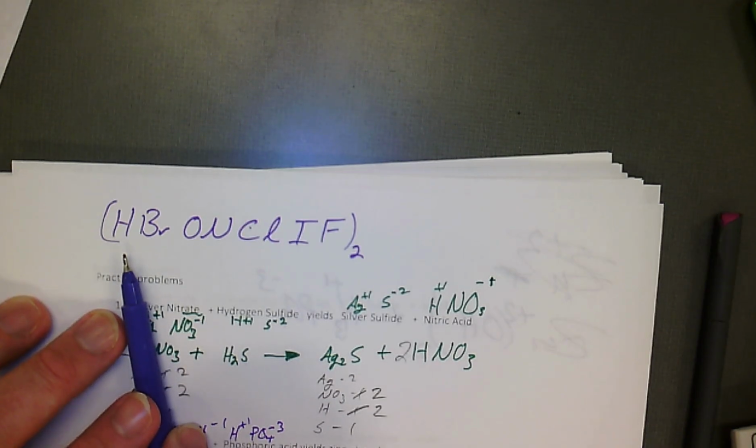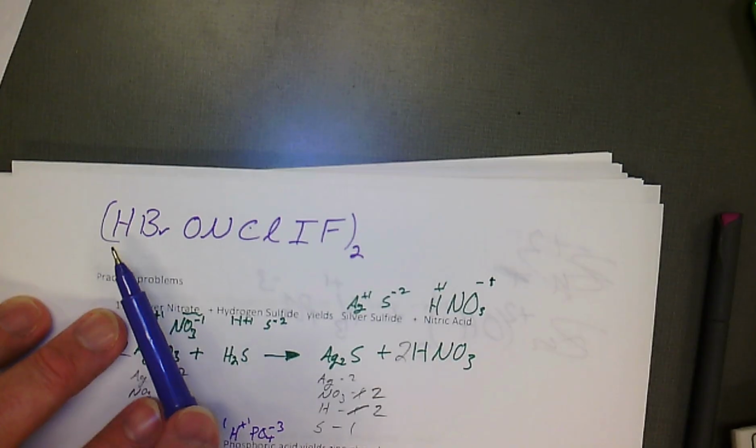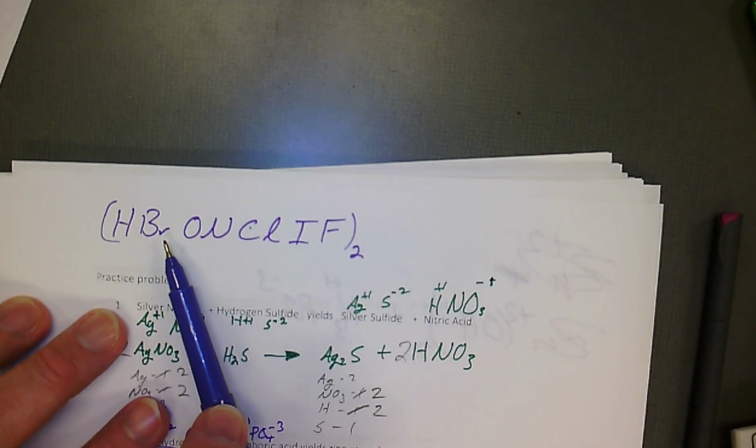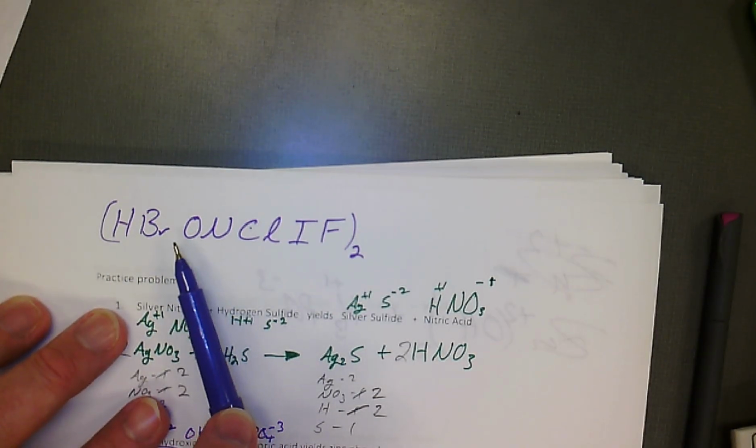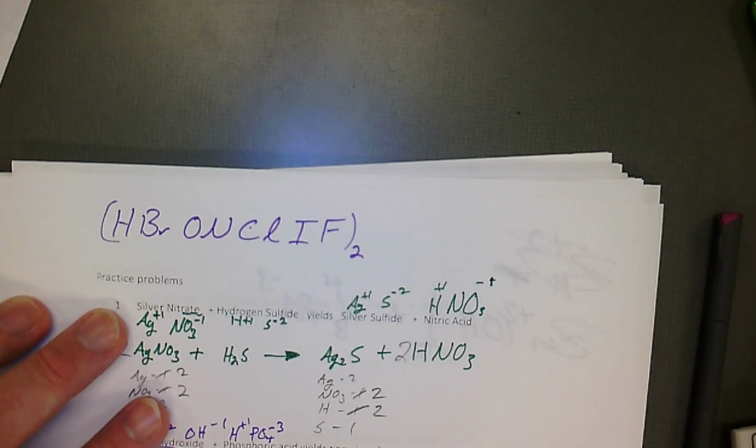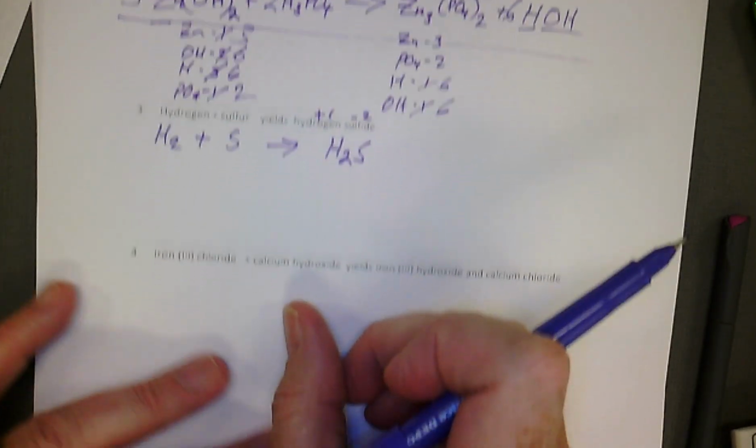These elements, when by themselves, not combined to something else, they can't be alone. They're called diatomic molecules. So if it's just hydrogen, it'll be H2. If it just says bromine, it's Br2. Oxygen's always O2. In fact, if you go to the hospital, a lot of times on the little valve, it doesn't say oxygen, it says O2, right? All of these guys by themselves are 2. All right? Okay, there you go.